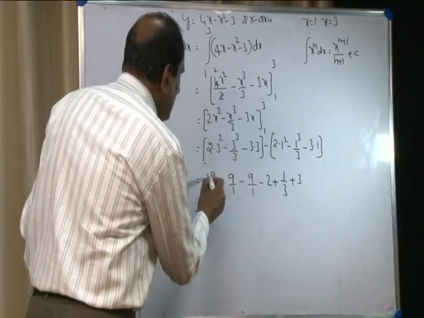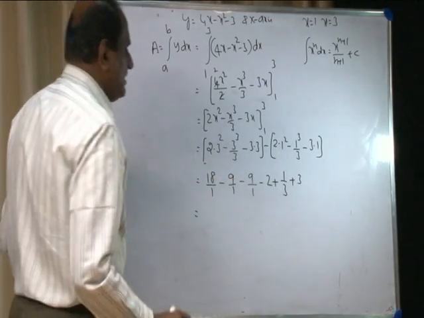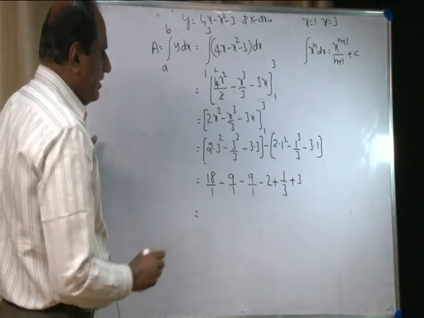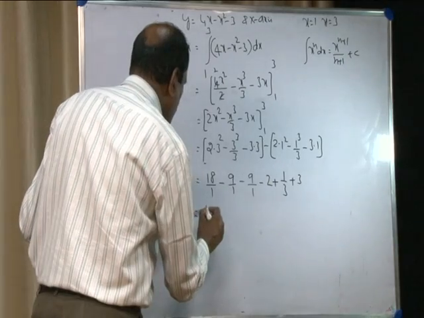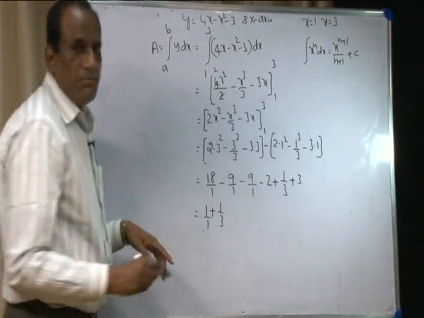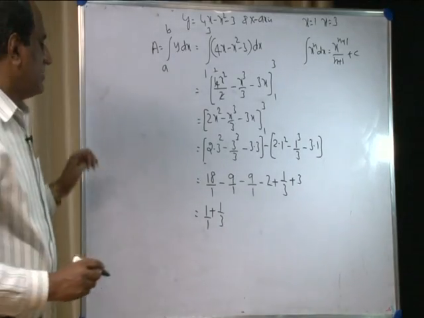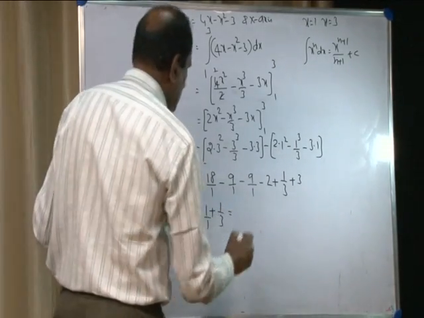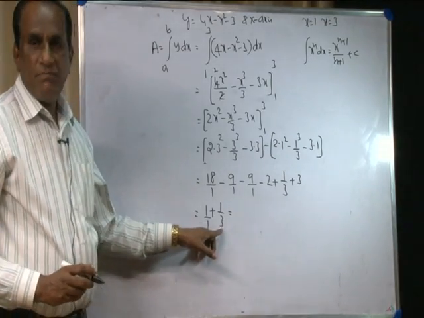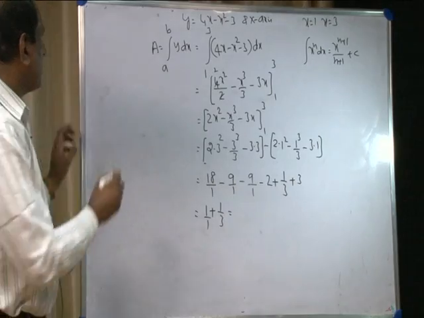Now, club all the whole numbers and write fractions as they are. See here, 18 minus 9 is 9, minus 9 is 0, 3 minus 2 is 1, plus 1 by 3. So, this is equal to 1 by 1 plus 1 by 3. What is the LCM for 1 and 3?